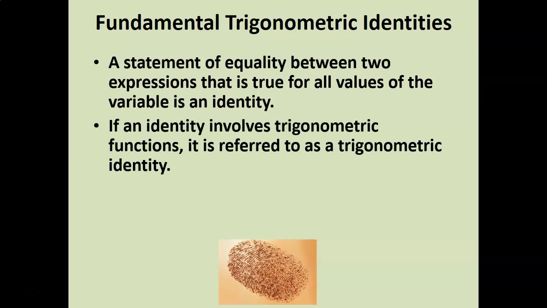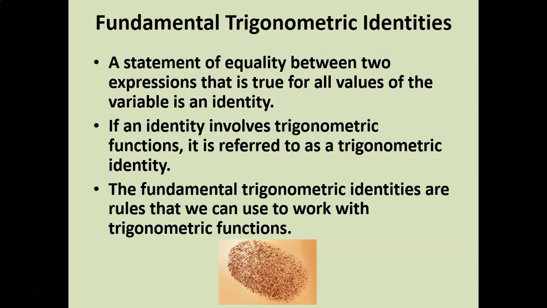And when we put a trigonometric function in the mix, we call it a trigonometric identity. There are lots of problems that you can run into with trigonometric identities, but for right now, we're just going to discuss the fundamental ones, the basic properties that we get from the definitions of what these functions are.